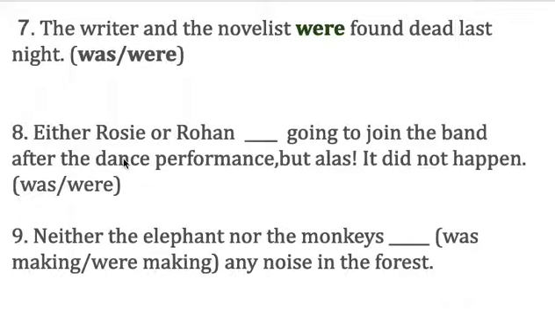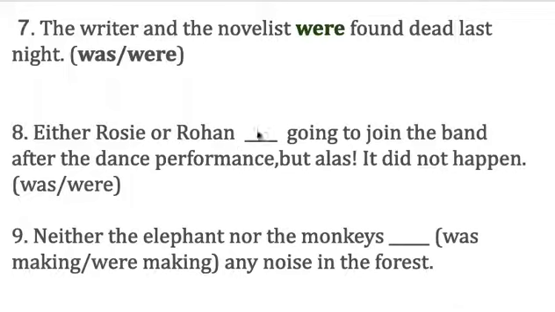Okay, either Rosie or Rohan, so two people. Now out of two we are just selecting one, either Rosie or Rohan. So it becomes one. We have got a choice, an option, one out of two. So definitely we are selecting only one, singular.